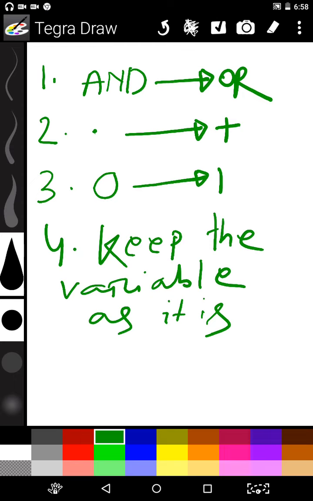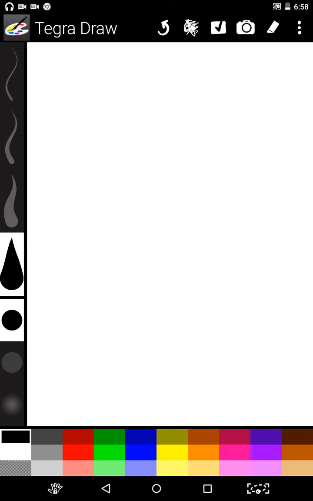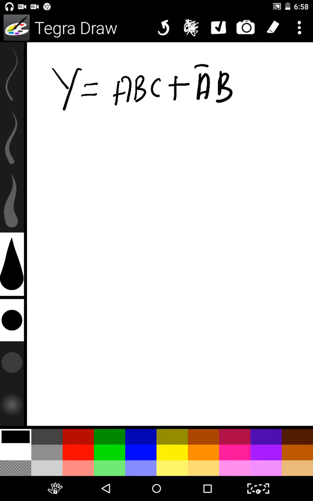Now we take an example to calculate the dual expression. Let y equal to a b c plus a bar b c bar plus a b bar c.